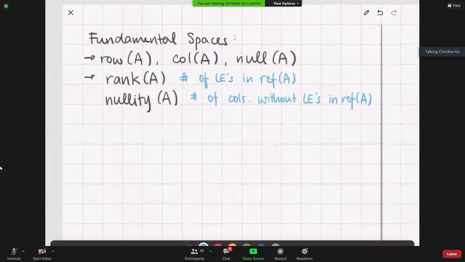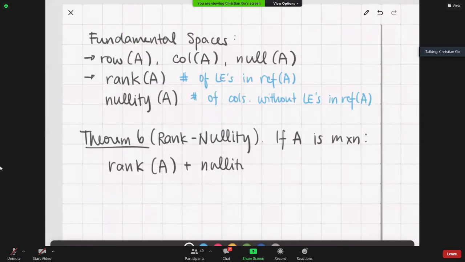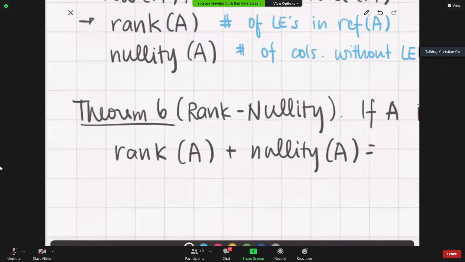So, the final result, our big result for today, Theorem 6. This is called your rank nullity theorem. The rank nullity theorem states that if A is an m by n matrix, then the rank of A plus the nullity of A is equal to, well, what am I counting for rank?